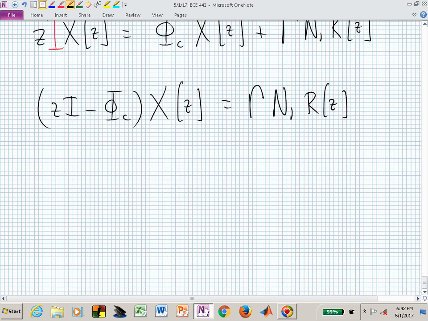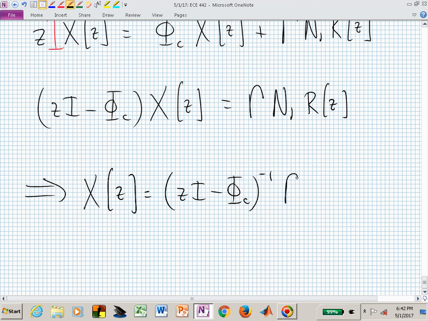Or if we pre-multiply both sides of this equation by the inverse of zI minus phi sub c, we can actually solve for capital X of z. That's now zI minus phi sub c inverse gamma n sub 1 R of z.